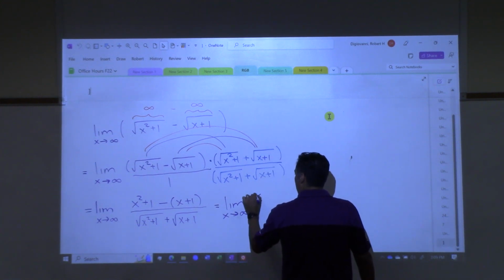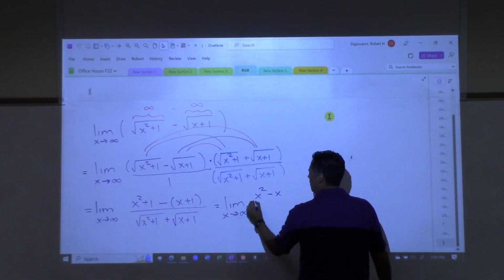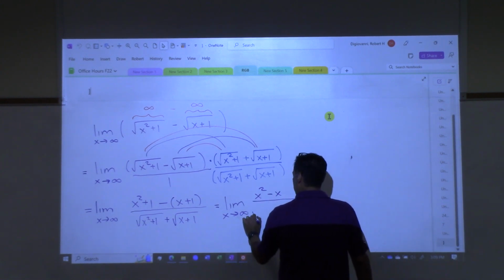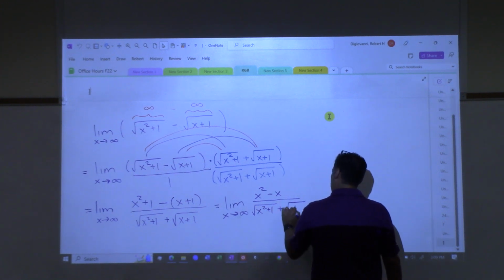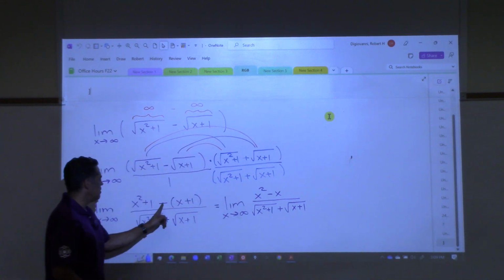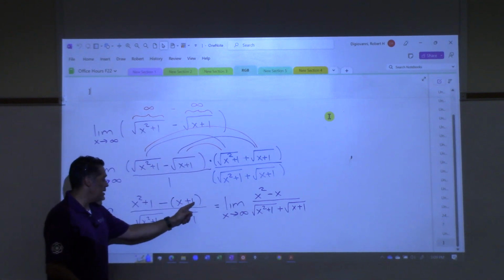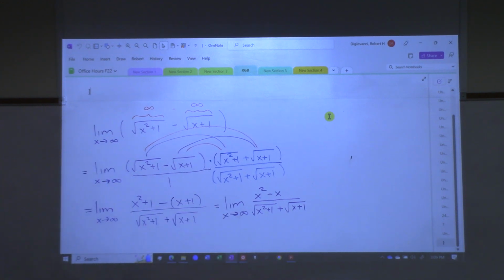On top I have x squared minus x, that's it, over square root of x squared plus 1 plus square root of x plus 1. So I just distributed this through, went minus x minus 1. The 1's canceled out. I still had the minus x there. Y'all see it?